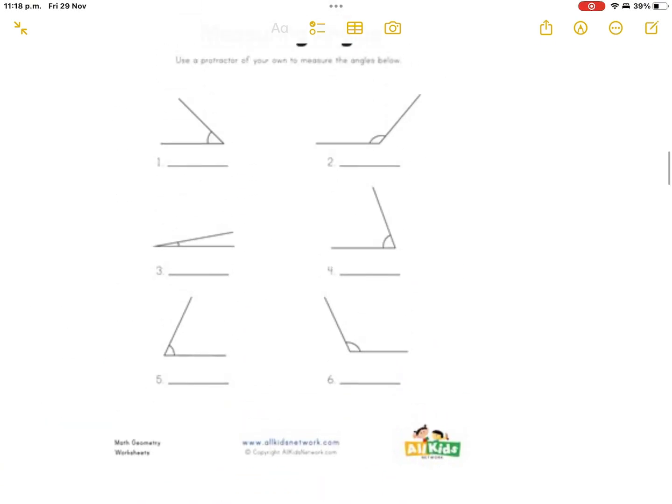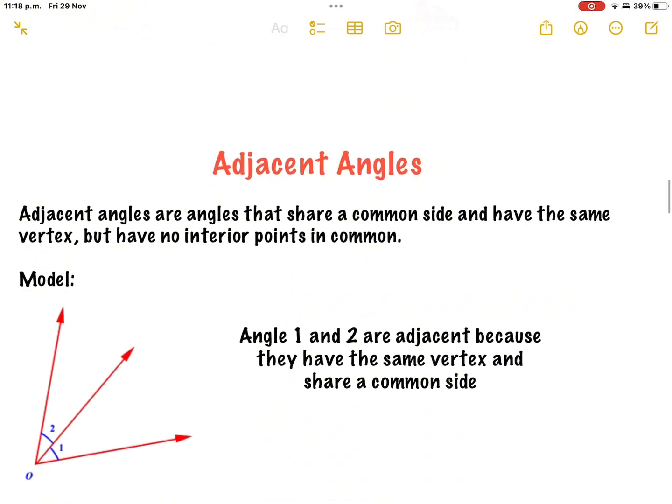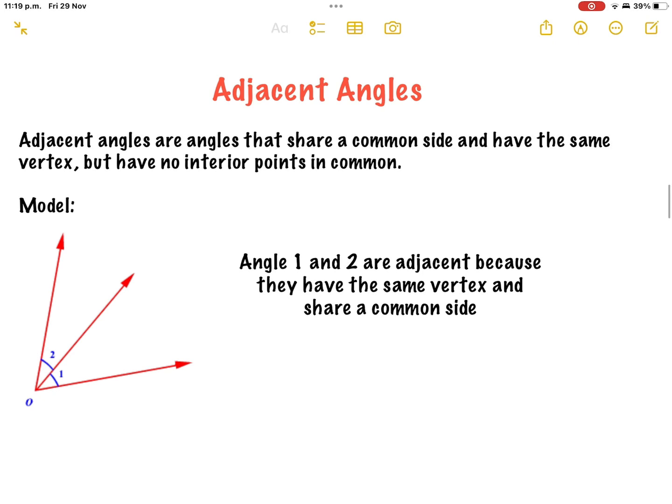We have finished the exercises, so now we're going to be looking at other types of lines that can make up angles. Firstly, we'll be looking at the adjacent angles and the linear pairs of angles. Adjacent angles are angles that share a common side and have the same vertex but have no interior points in common.